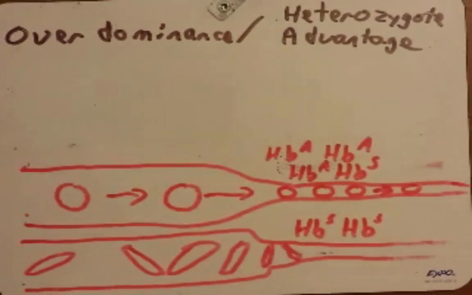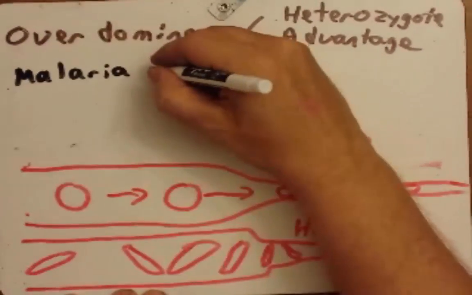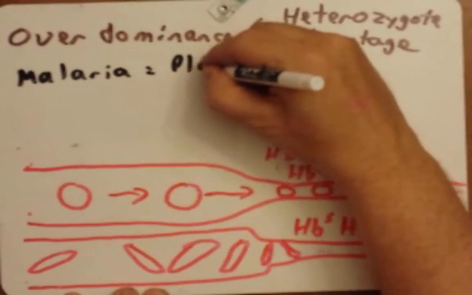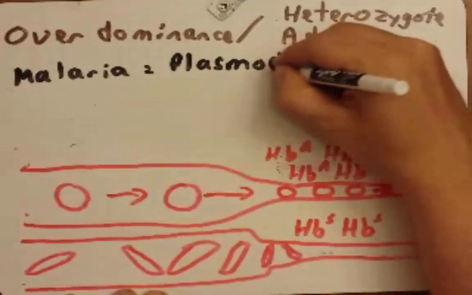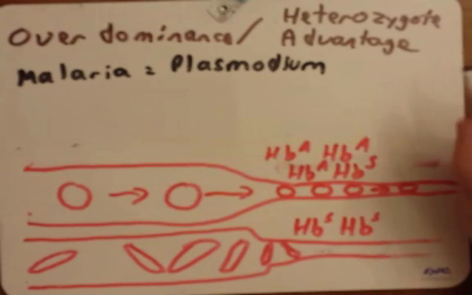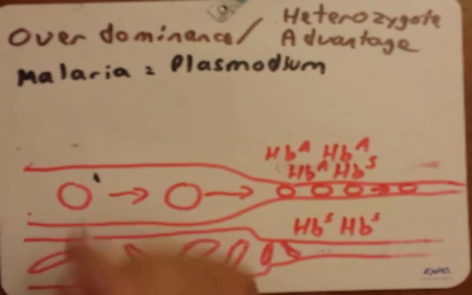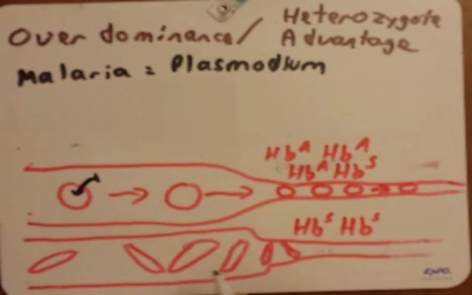So what is the advantage to being a heterozygote? Well, it turns out that the disease called malaria is caused by this plasmodium that enters into the circulatory system and infects red blood cells. And so it'll attack these red blood cells and kill them as the plasmodium completes its life cycle.